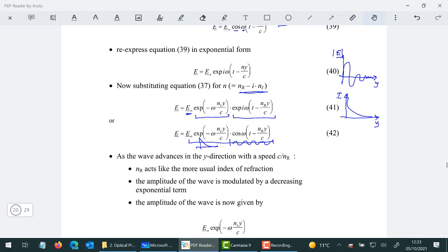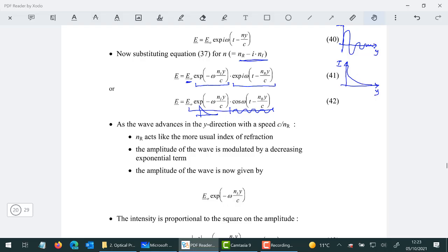So the real part of the refractive index looks just like the normal refractive index that we've seen before, but the amplitude of the wave is then modulated by this negative exponential.